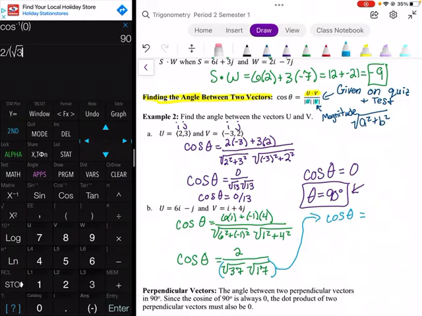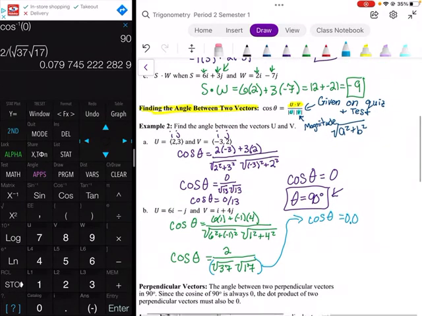The reason is because if you don't, your calculator is going to follow PEMDAS, and it's going to end up multiplying by the square root of 17 instead of dividing by it, which is what it's supposed to do. So if we put that in our calculator, we're going to get an estimated or rounded value of 0.079745. So just some numbers, and we're going to look for theta.